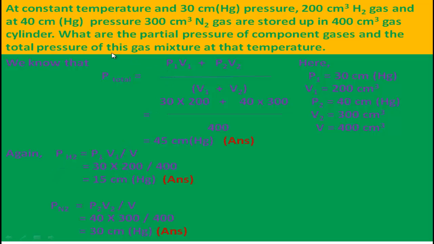Since there is no amount given, you cannot use the mole fraction here. So in this case you have to determine the partial pressure like this way: P1V1, that means pressure of hydrogen and volume of hydrogen gas, and V is the total volume. So compared with the total volume after mixing, we have to determine the partial pressure of hydrogen gas like this way.